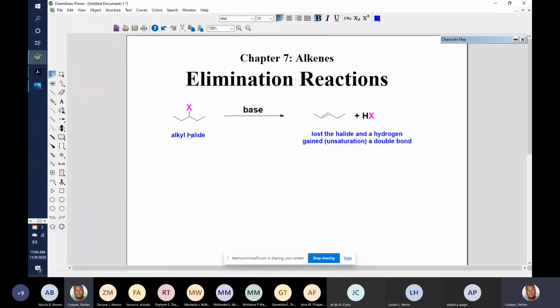Whenever an alkyl halide sees a base, it facilitates an elimination process. In the elimination, I gain a carbon-carbon double bond, and I lose my leaving group X, but I'm also going to lose an H off of my molecule.